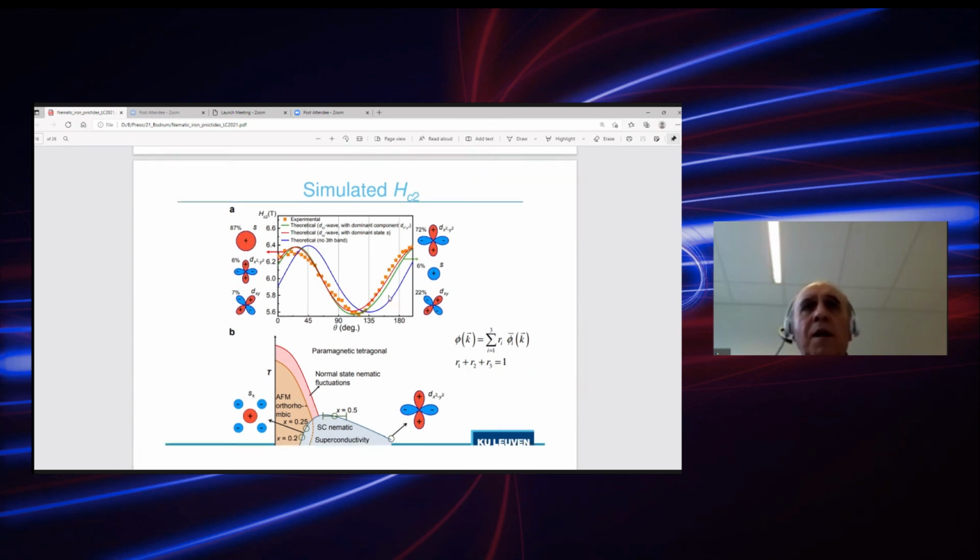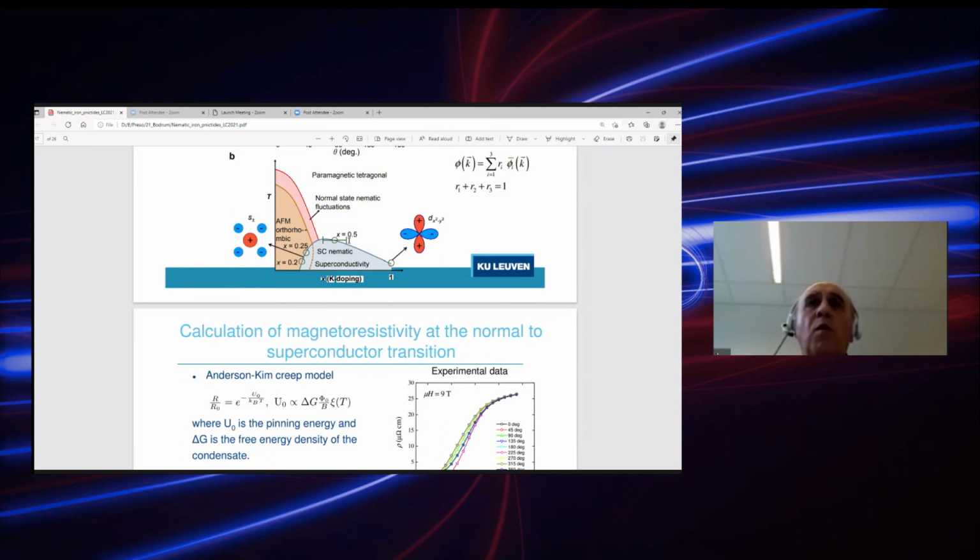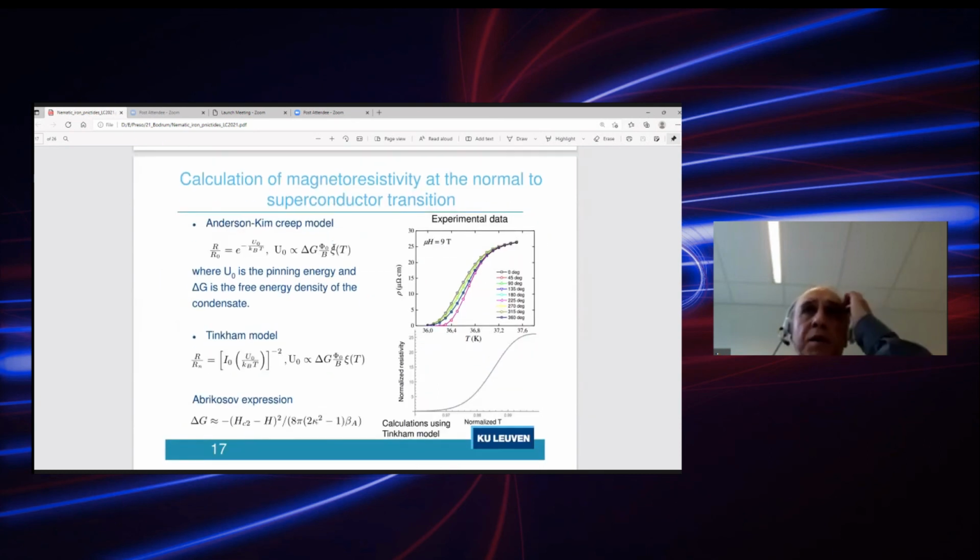So if this is correct, we have also made measurements for plus minus, say, 0.5% of doping. So in all these regions we obtain this phenomenology. We obtain the nematic superconducting states. Then we simulated the magnetoresistance with the Anderson-Kim model or some variation of the Kim model.